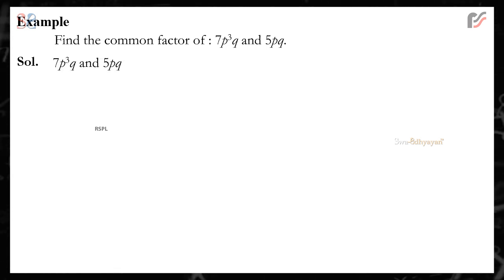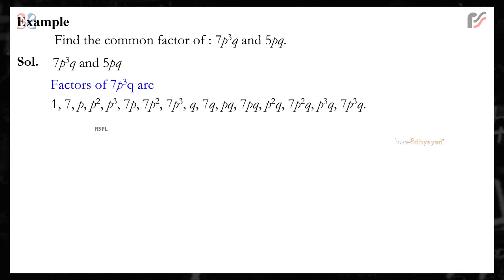Example. Find the common factors of 7p cube q and 5pq. Solution. Factors of 7p cube q are 1, 7, p, p square, p cube, 7p, 7p square, 7p cube, q, 7q, pq, 7pq, p square q, 7p square q, p cube q, 7p cube q.